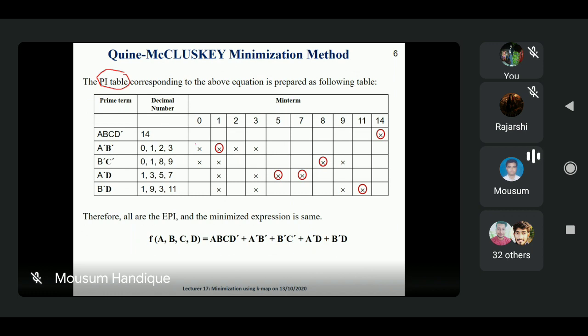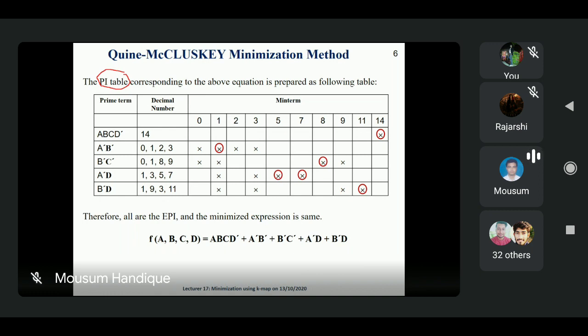In the last class we learned the definition of prime implicant. But here, how can we say which one is the prime implicant and which ones are the essential prime implicants? For checking purposes, we use this particular prime implicant table.